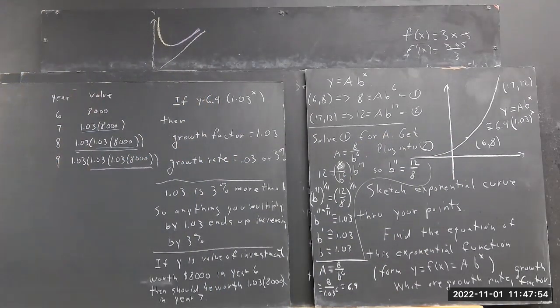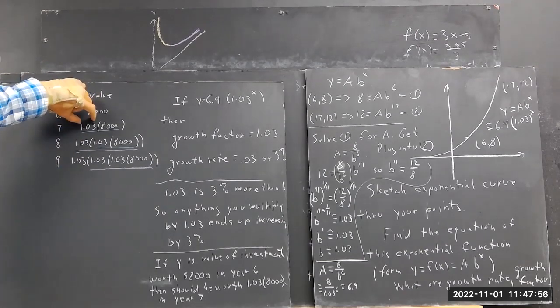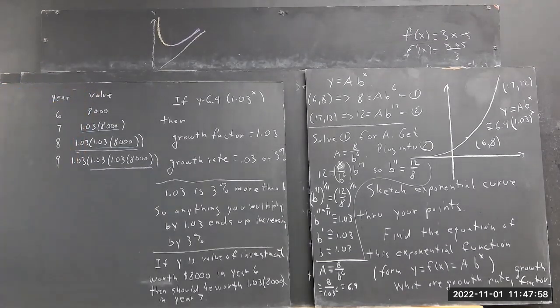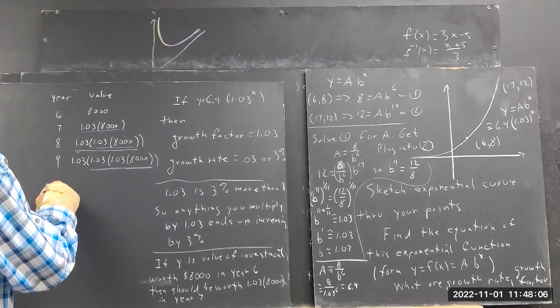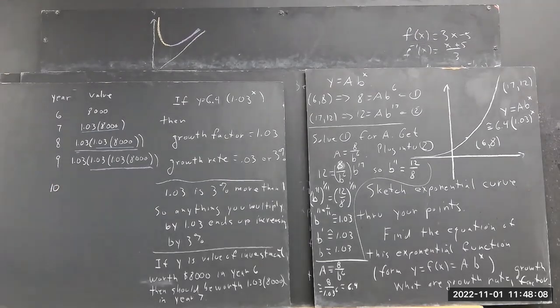Here we've got year and value. You see that every year we multiply by 1.03. So what we get in year 10, well, I'm getting tired of writing out all these 1.03s. How many 1.03s am I going to have here?